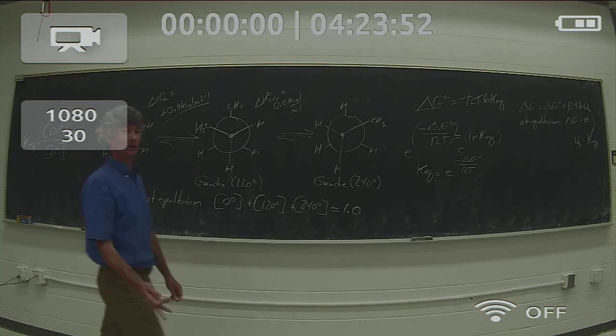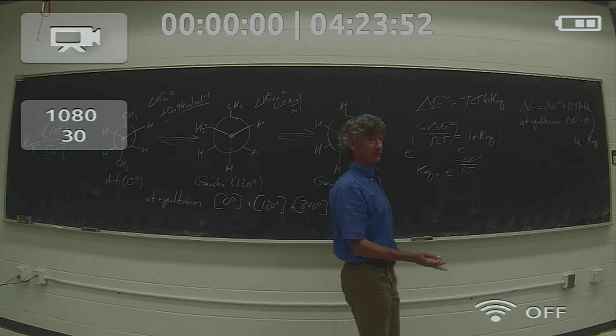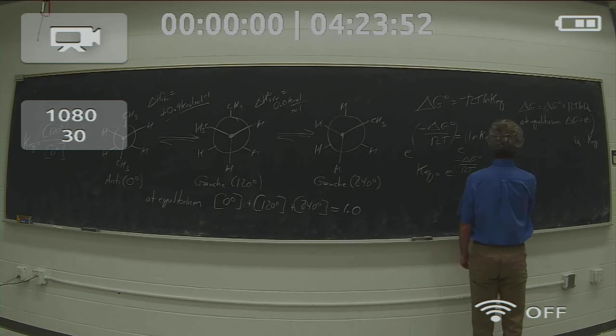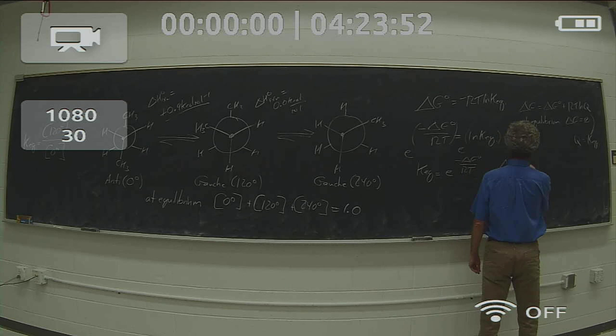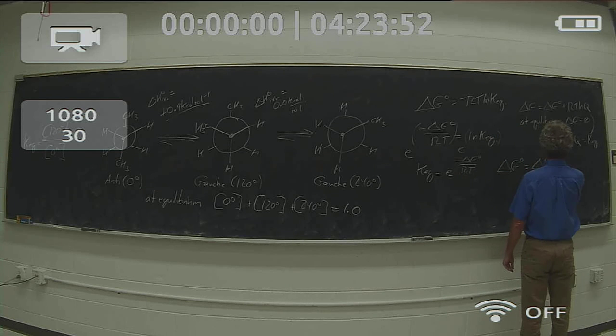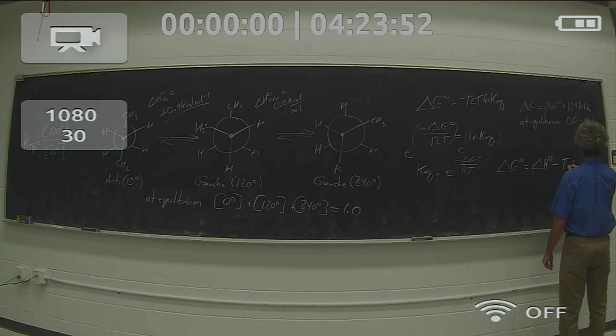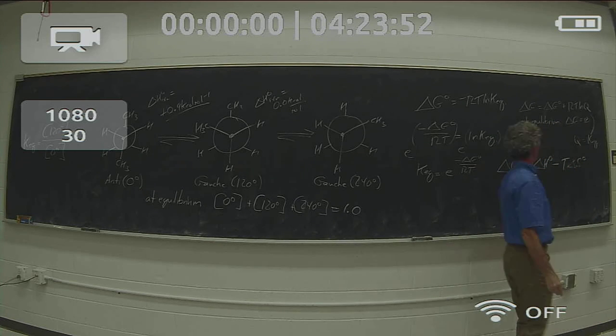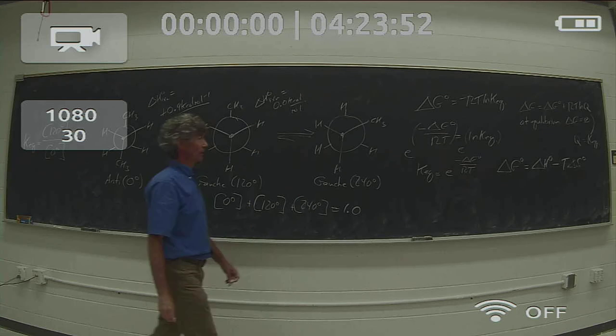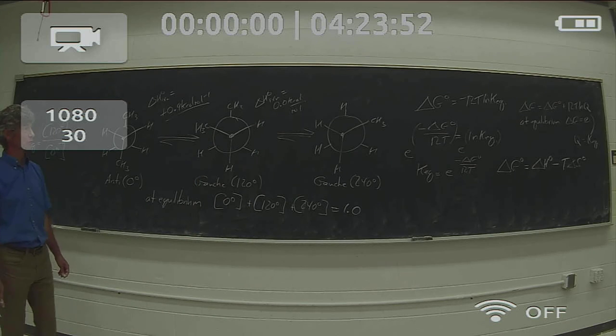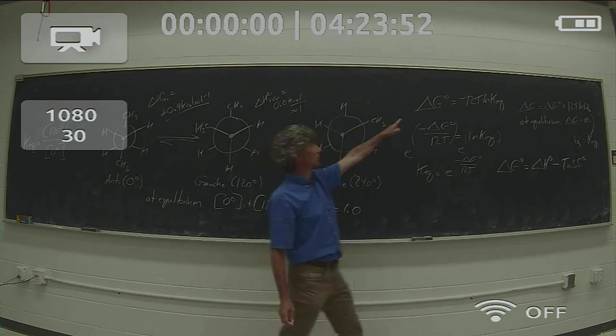They are related by another equation that you ought to remember from general chemistry that tells you that the free energy change is equal to the enthalpy change minus the temperature times the change in entropy. Delta G0 is equal to delta H0 minus T delta S0. So you would never forget it along with this one.